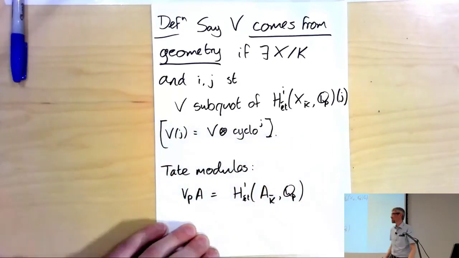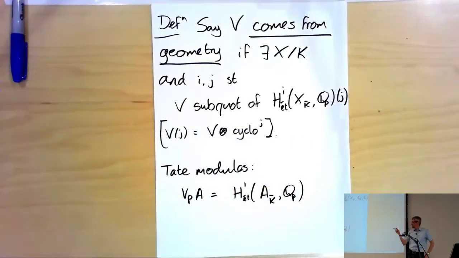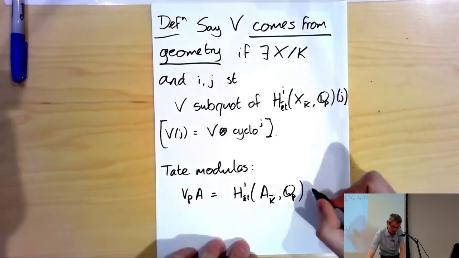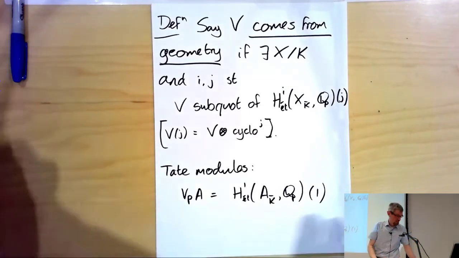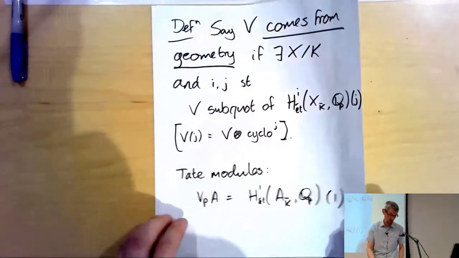So if you take the first étale cohomology, that's almost the Tate module, but you need to twist by 1. You should somehow think of the Tate module as being étale homology, so the twist straightens out the Galois actions to give you the cohomology.